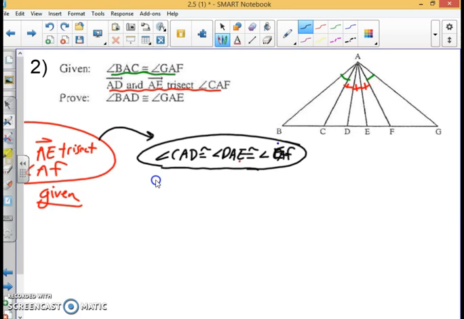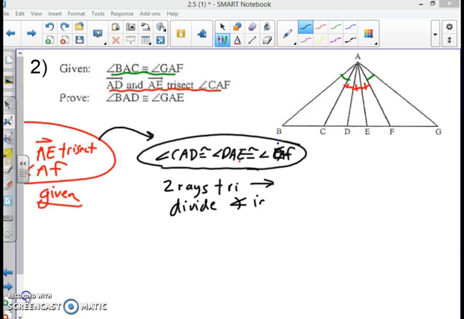And for our reason, we can use a little shorthand here. We can say two rays trisect, then divide an angle into 3 congruent angles.